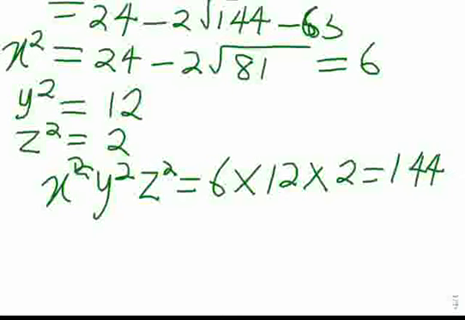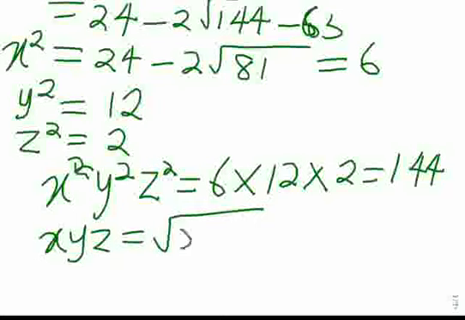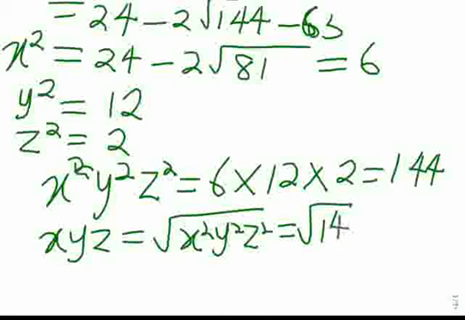Now let's get the value for xyz first. xyz would be the square root of x squared, y squared, z squared. That's the square root of 144 I have just obtained. The square root of 144 is equal to 12. So xyz is 12.